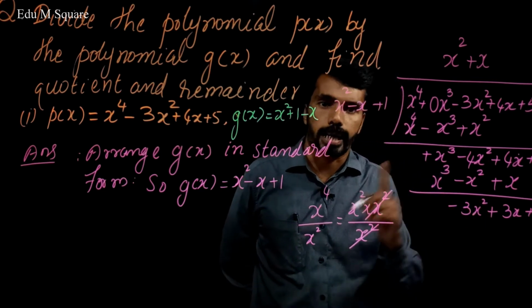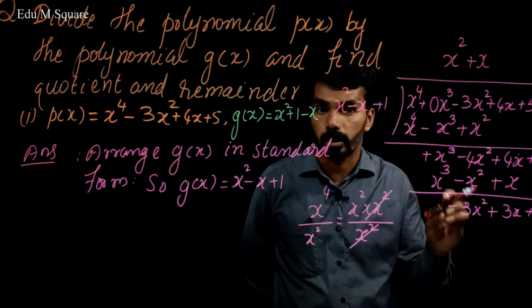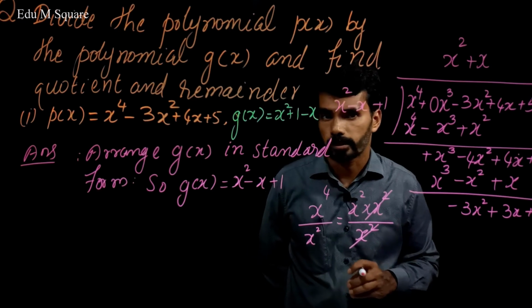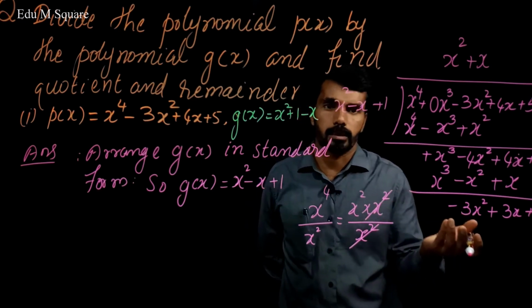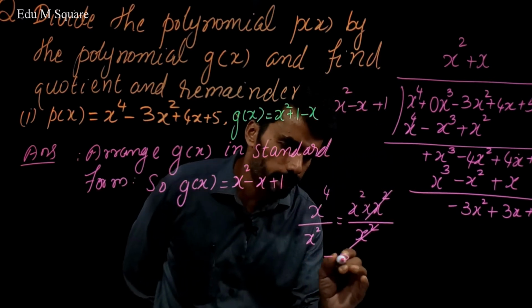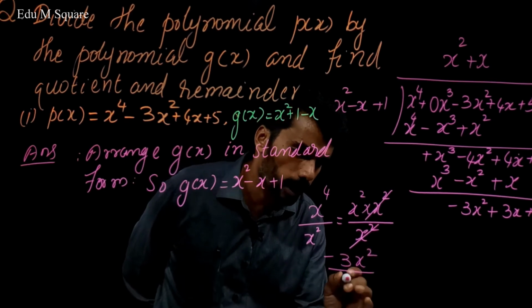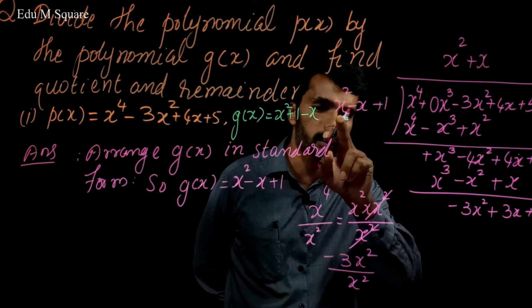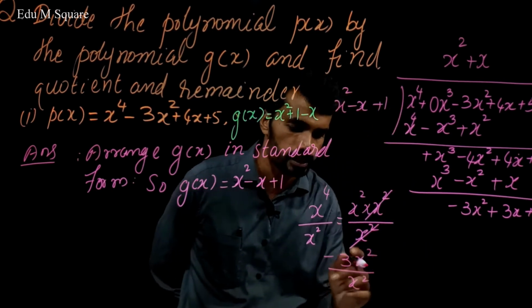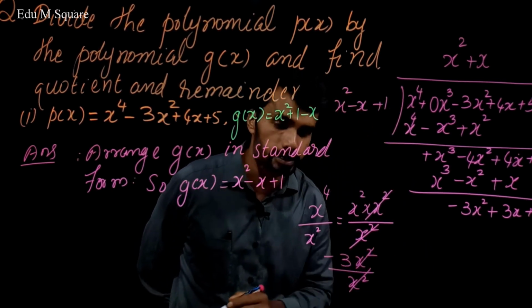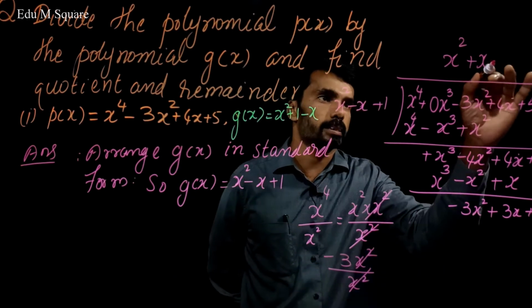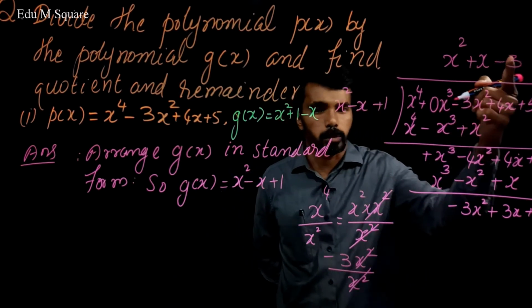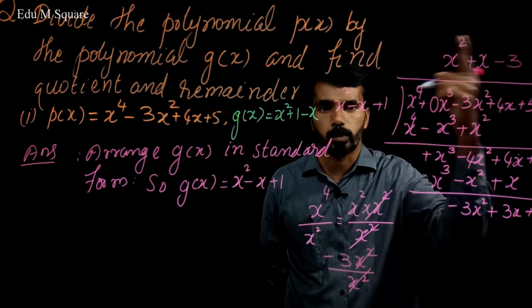We divide this minus 3x square by the first term of the divisor, x square. So this x square cancelled, then minus 3 remains. So minus 3.